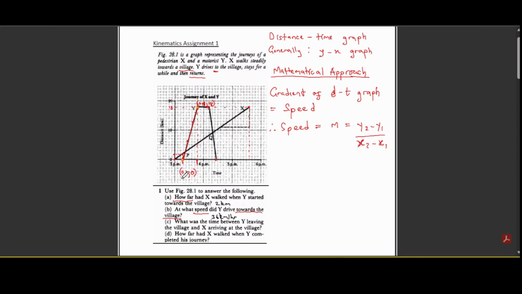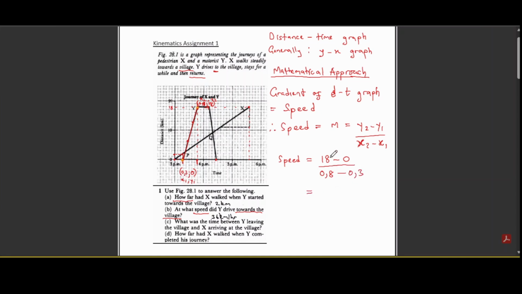Saka tiruda kuya kuno kutoti x1 y1 toya kutoti chi x2 y2 anditi kuitira kuti panapa patati speed is equal to gradient yeta kuti speed is equal to y2 minus y1 over x2 minus x1. y2 wedu ndi 18 minus y1 ndi 0, over x2 ndi 0.8 minus x1 ndi 0.3.